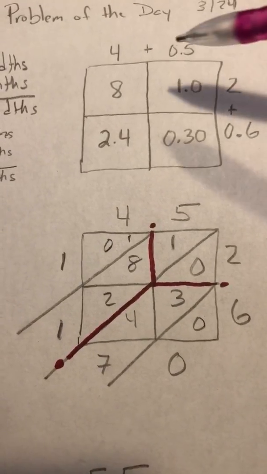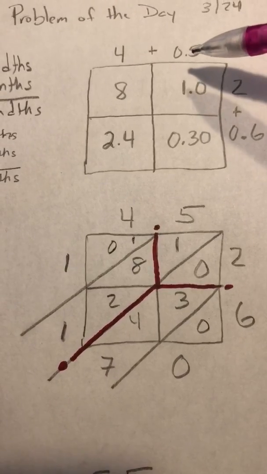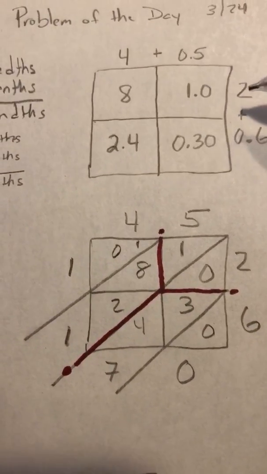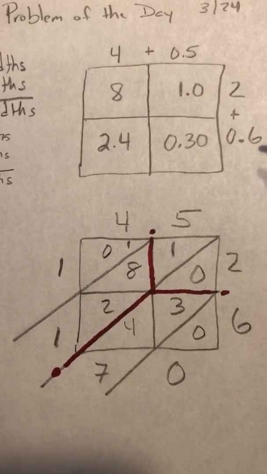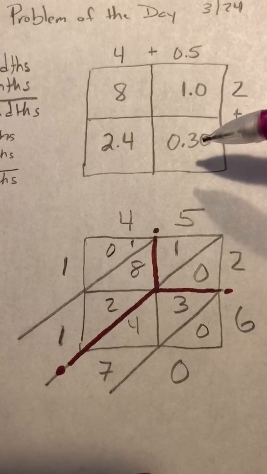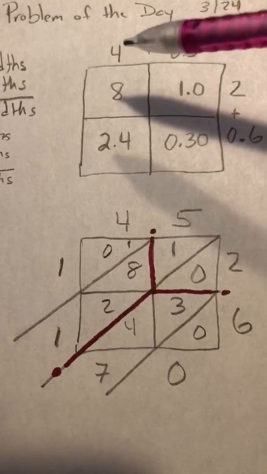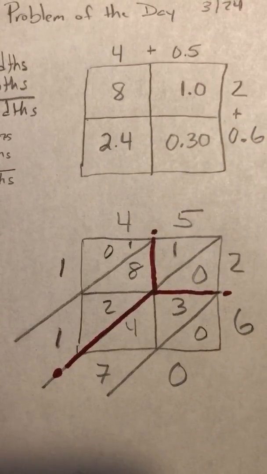Now at this point, we just multiply each part. So if I have 2 times 5 tenths, it's really half of 2, which is 1. 2 times 4, which is 8. Then I have 6 tenths times 5 tenths, which actually equals 30 hundredths. And then I have 6 tenths times 4 wholes, which ends up being 2 and 4 tenths.